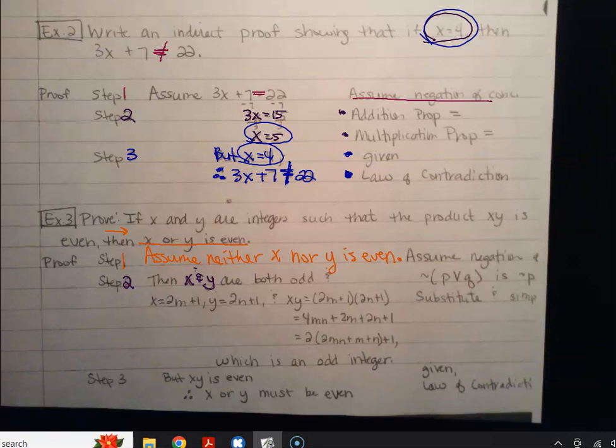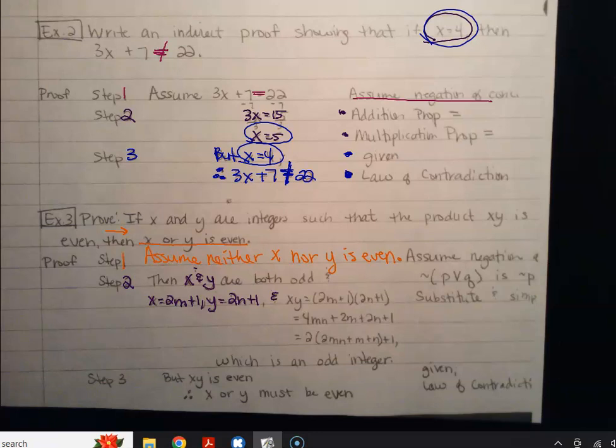This one gets a little hairy. We're saying x is equal to 2m, so 2 times some number, plus 1. That makes sure that it is an odd number. And y is equal to 2 times some other number, plus 1. They're not the same odd number, but they're both odd.